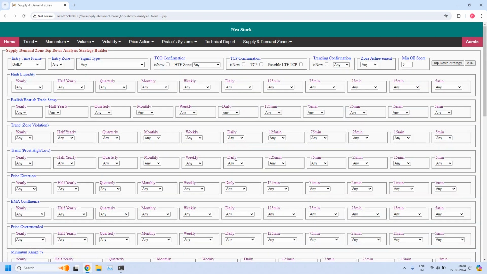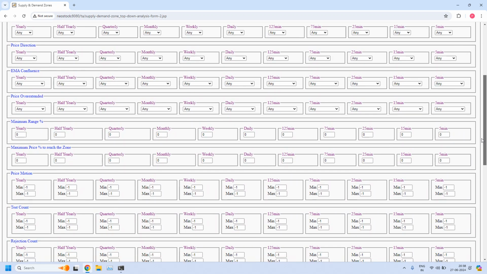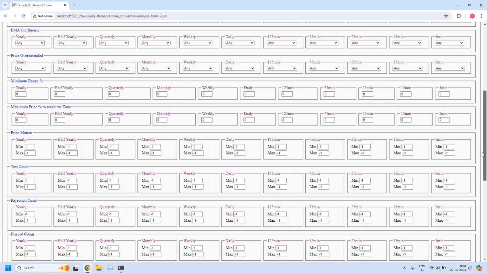Okay, now we will generate weekly income trade reports. First, bullish trade setup. Weekly income trade entry time frame is 75 minutes, and the entry zone is a demand zone. And in bullish or bearish trade setup in 75 minutes, we need to select the value bullish, and the filters we need to set. First one is a pierced count for 75 minutes should be 0.